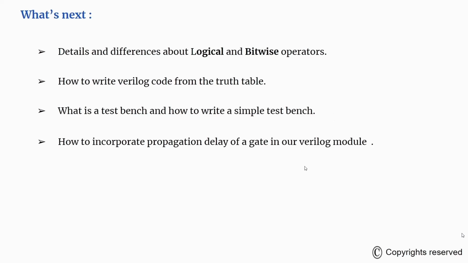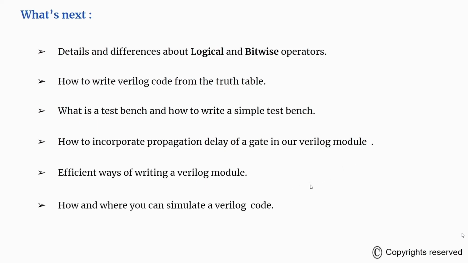We will also see how to incorporate the propagation delay of a gate in our Verilog module. As we discussed in our earlier video, gates are not ideal in real life scenarios. They have propagation delay. We will also see efficient ways of writing a Verilog module. And I will tell you where you can simulate Verilog code.